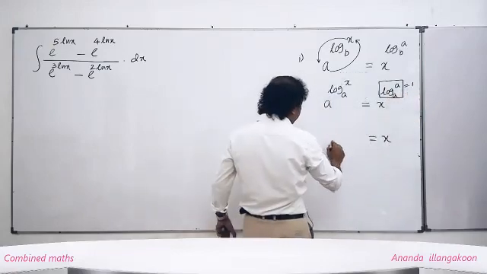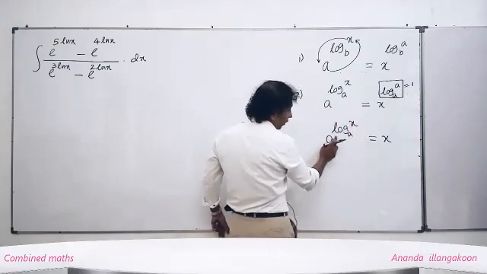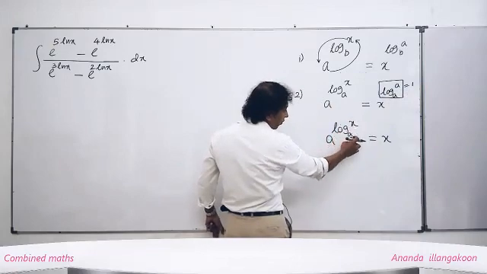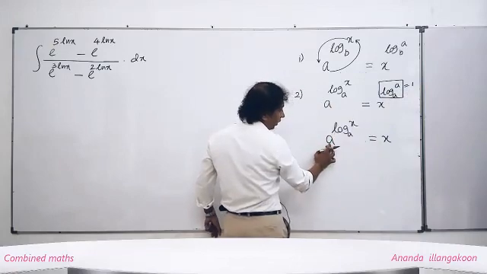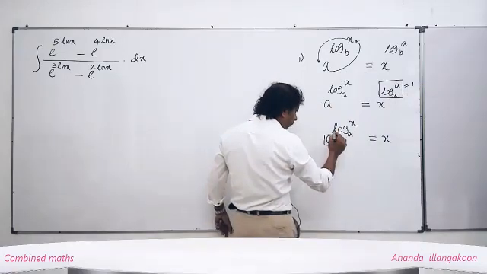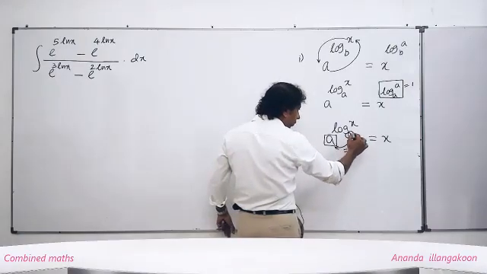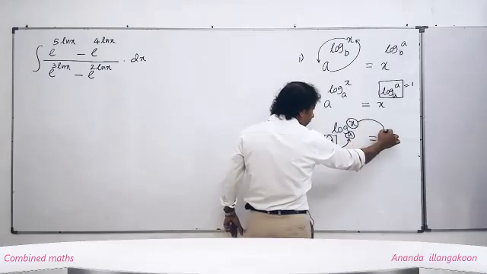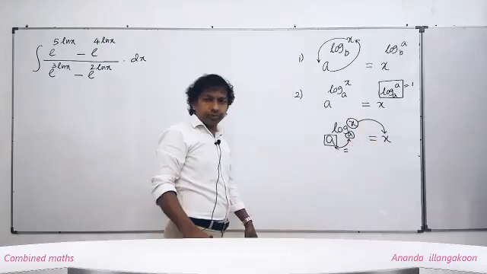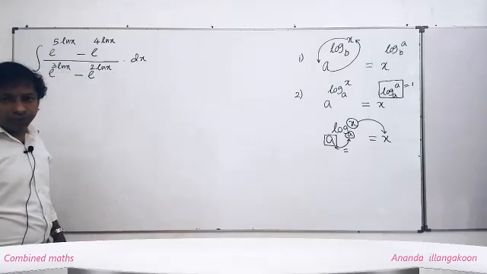Then you can see a to the power log base a of x. Here log x to the base a is the power of this a. In this case, the base of the log being equal, that occasion, this is the answer. Understand? This is the answer. When you use that, people, you get this answer very easily.